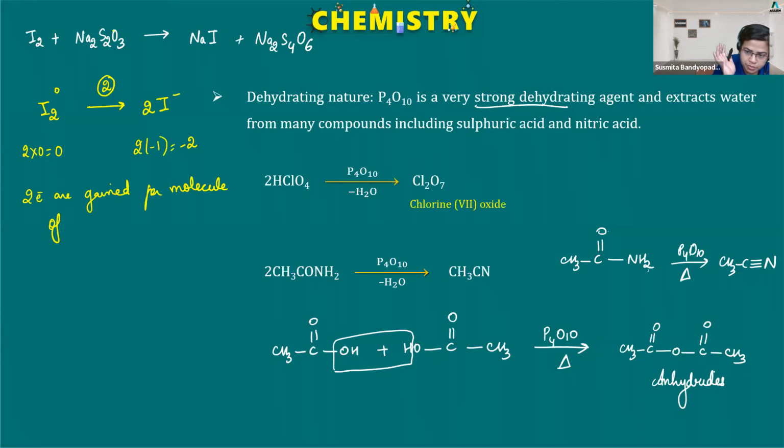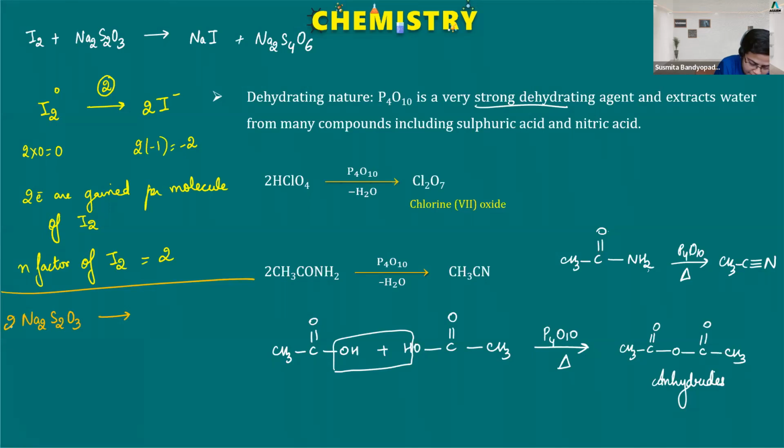Next one I want from you people. I've given the products also. In fact, you'll need it in redox also, in case you don't know. Definitely I'll continue with inorganic only. N factor of I2 is 2. Na2S2O3, I have to put 2 Na2S2O3 to balance sulfur atoms.